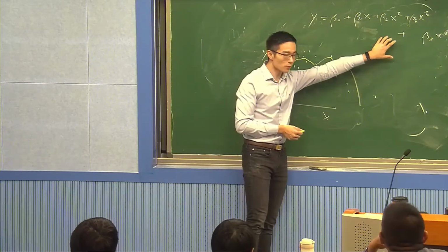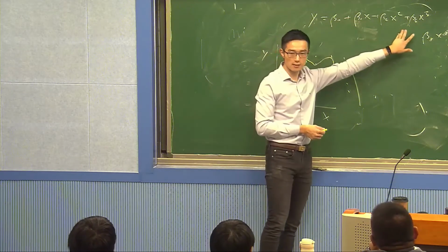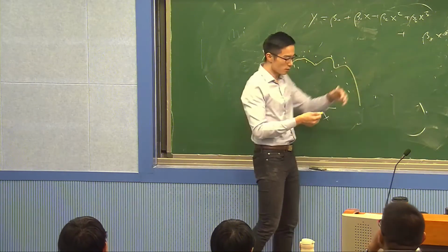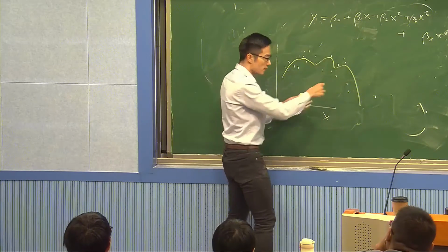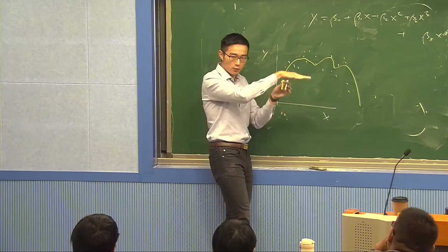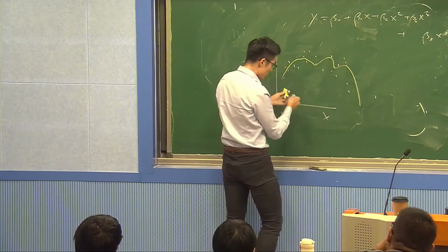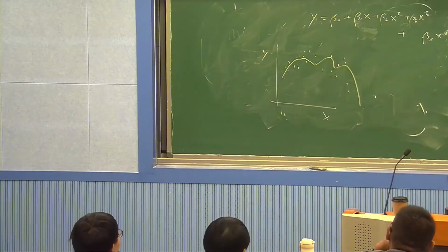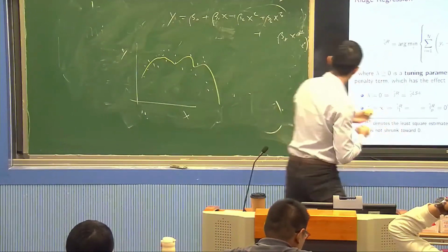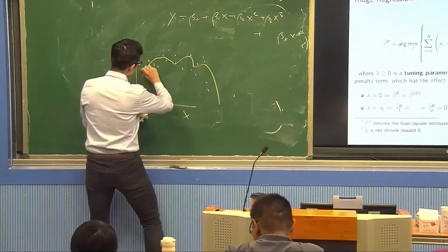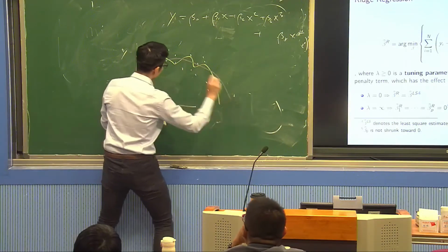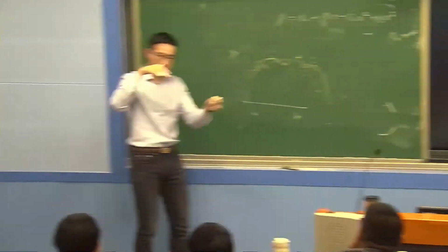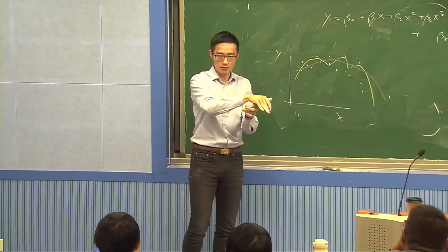It will shrink the betas toward 0. By shrinking the betas toward 0, I should say we make the model more stable, not so wiggly, because the betas are shrunk towards 0.